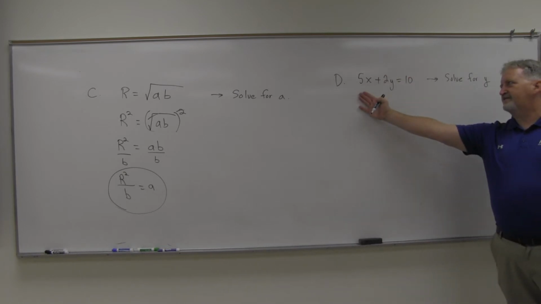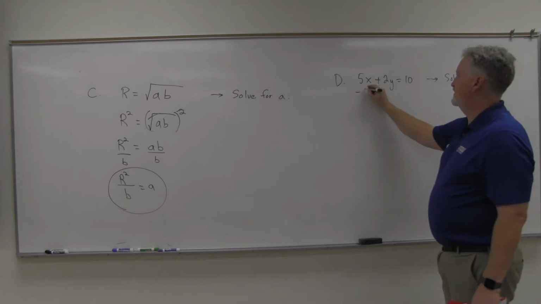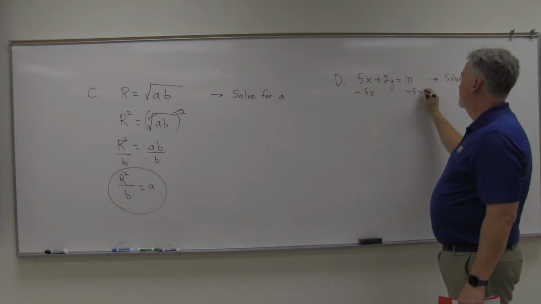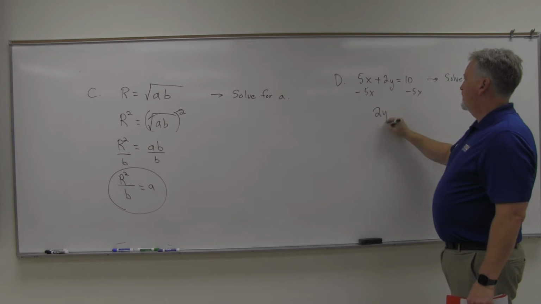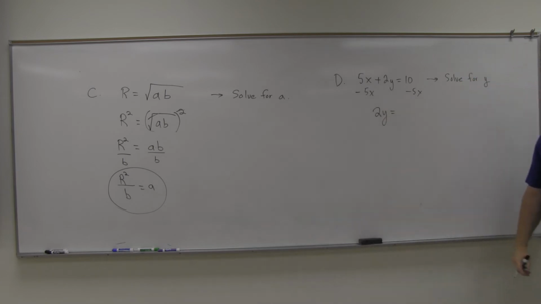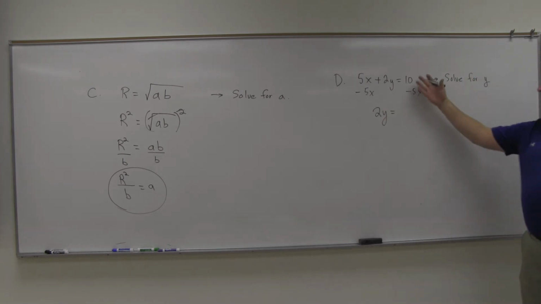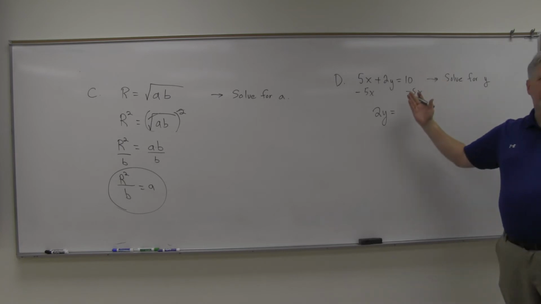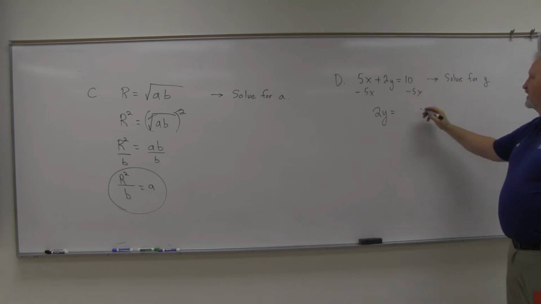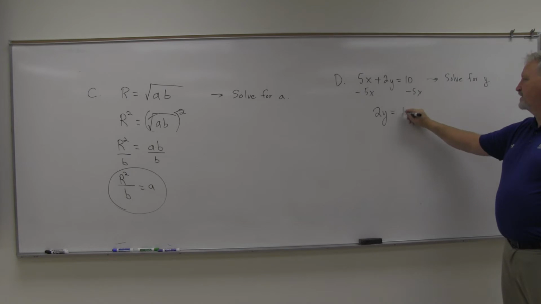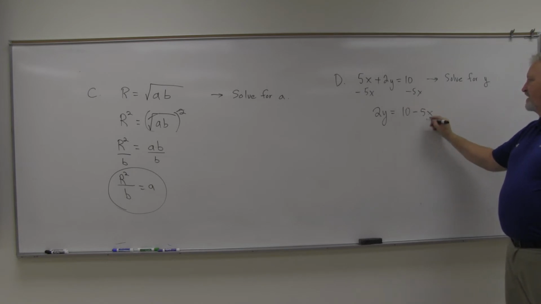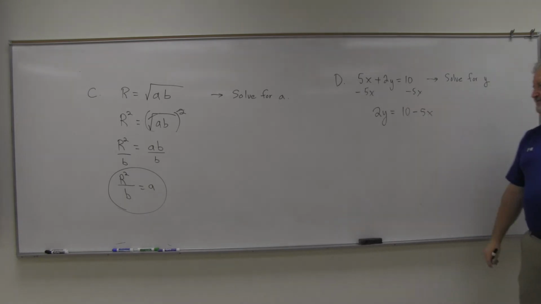I've got that 5x term. I need to get rid of it, so subtract it to get the 2y over here by itself. This side, of course, you can't combine 10 and 5x, so you either write it 10 minus 5x, or if you like the x term first, minus 5x plus 10, that's okay too.